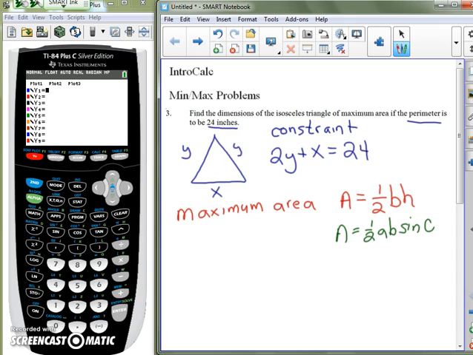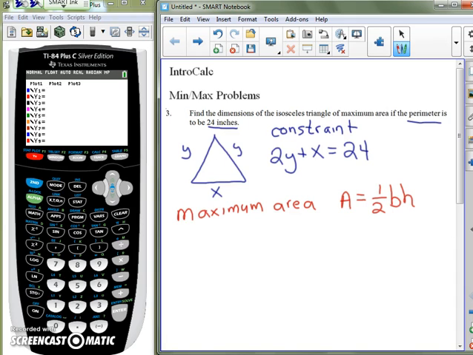You'd need to know one of the angles or be able to find the angle in terms of the other sides. So that's probably not going to be it. And then the third one is Heron's formula, which I personally use so seldom that I will get it wrong if I write it down. It actually would be handy in this problem, but we can get by without it. So let's just stick with 1/2 BH, and live with that.